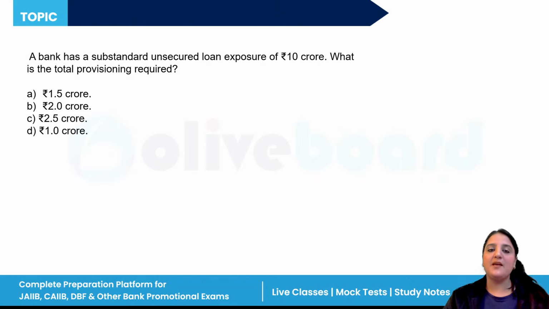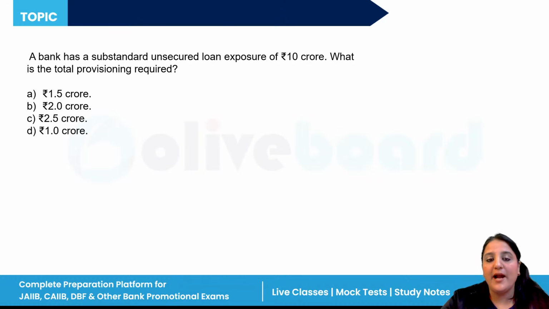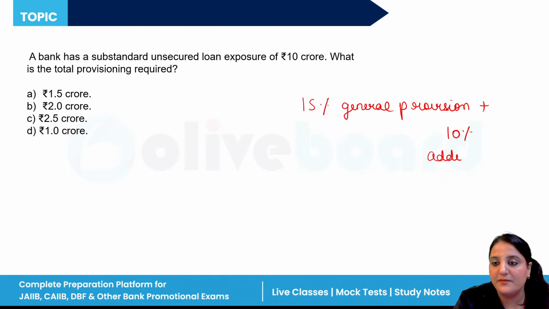A bank has a substandard unsecured loan exposure of 10 crore. How much total provision is required here? We know that for the unsecured substandard asset, the general provision is 15% and 10% is additional.